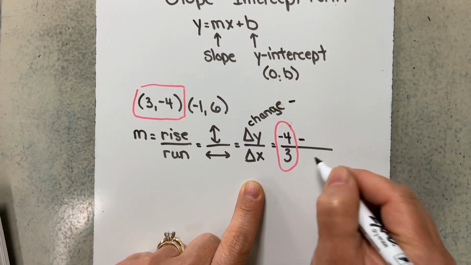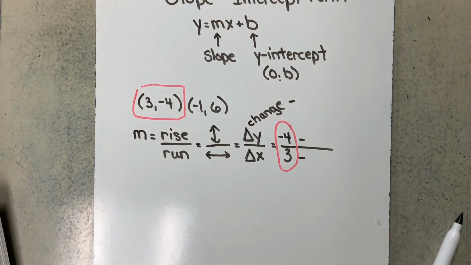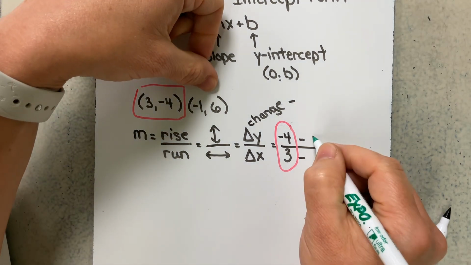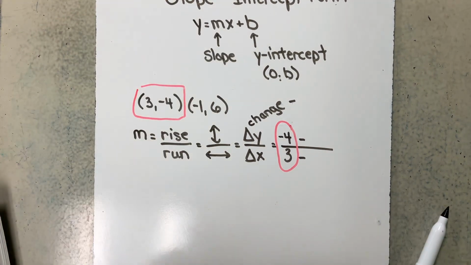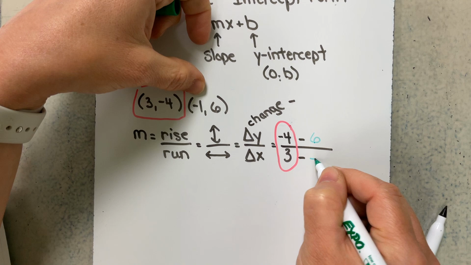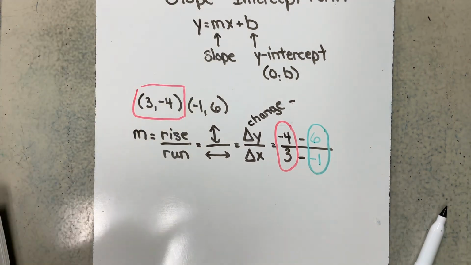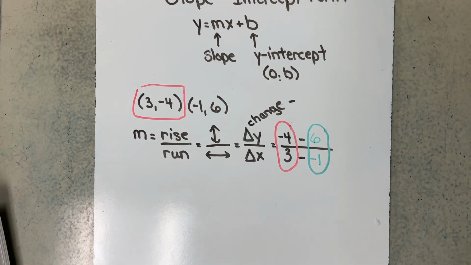Okay, so we're going to put a subtraction. And now we're going to use the other ones. So I'm going to put my y up here, and I'm going to put my x right underneath because this is an ordered pair, and we can't split them up. Now we're going to solve this.